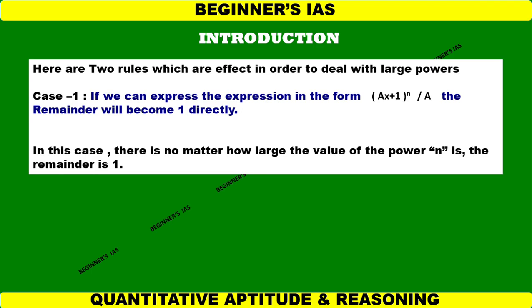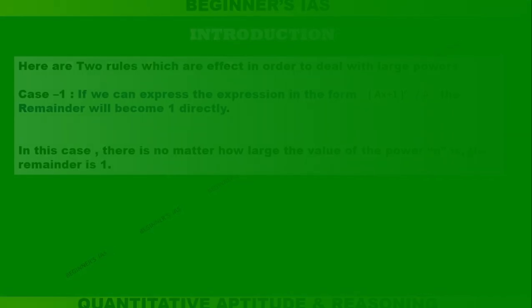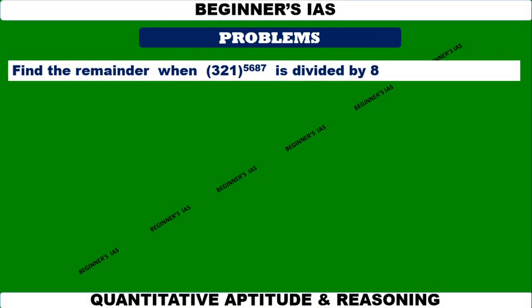Let us solve some examples so that you will understand in a better way. Find the remainder when 321 to the power 5687 is divided by 8. Make sure you don't worry about the power, since if you worry about the power, surely you will make a mistake. Now I'm taking 321 to the power 5687, divided by 8.